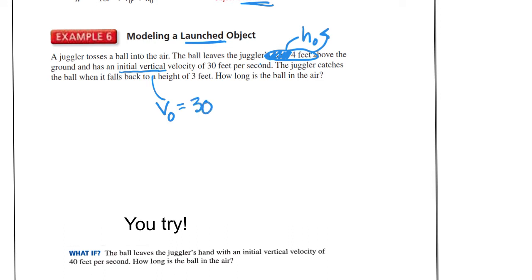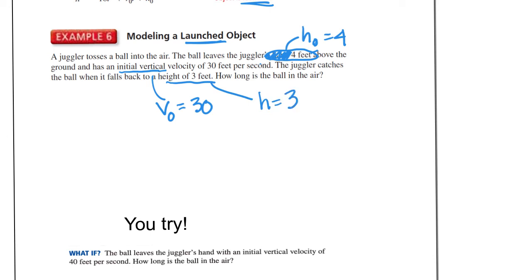And I'll put h sub 0 up here. I'll fix that just a little bit. Tidy that up a little bit. So that equals 4. And my initial velocity is 30. The juggler catches the ball when it falls back to a height of 3 feet. So that's the final height, is 3.